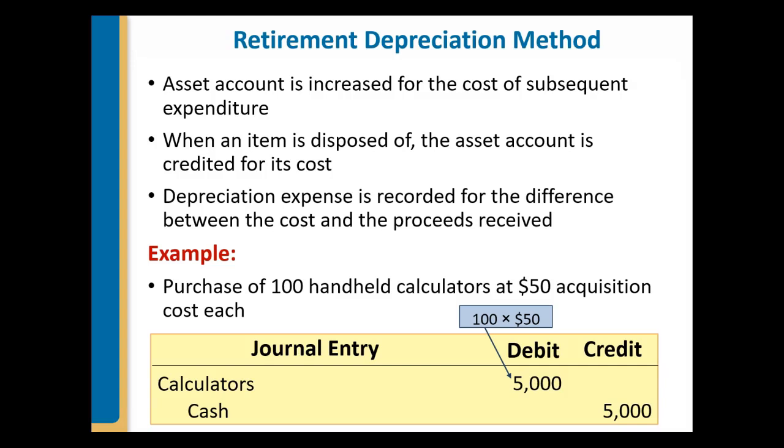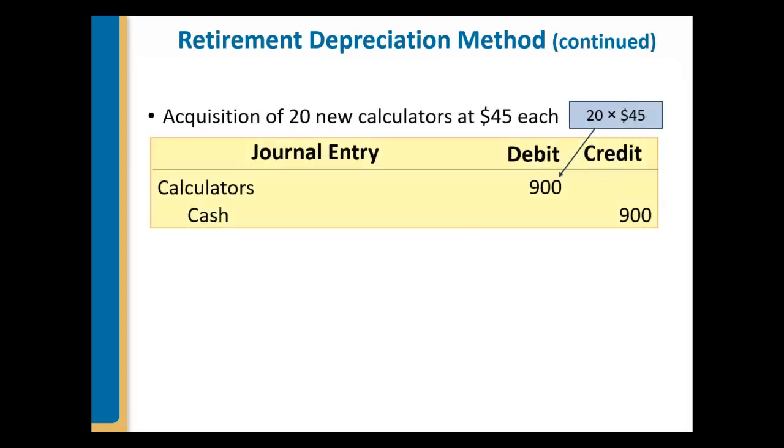Shown on this slide, this journal entry records the purchase of 100 handheld calculators at $50 acquisition cost each. If 20 new calculators are acquired at $45 each, then the asset account is increased.